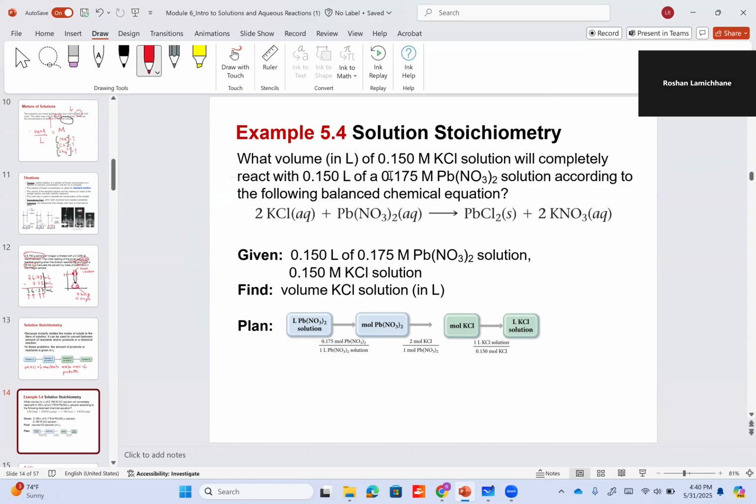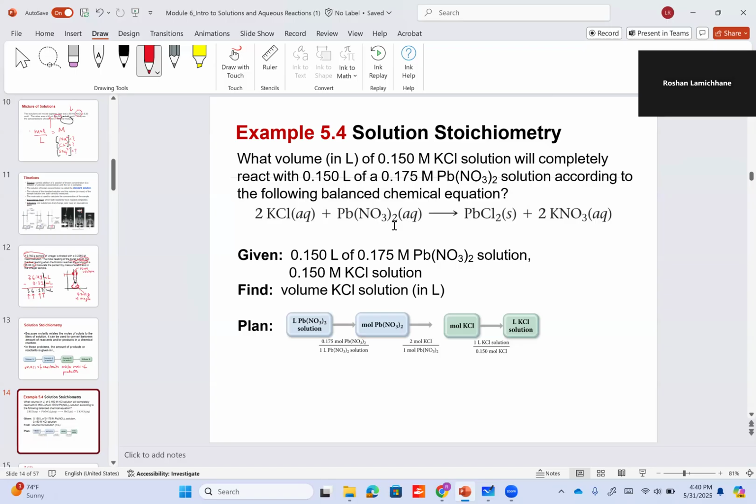But this question asks what volume of a certain concentration of KCl solution will completely react with a certain volume and molarity of the other solution. That is why this is called solution stoichiometry, because we are looking at solutions and talking about their concentrations.